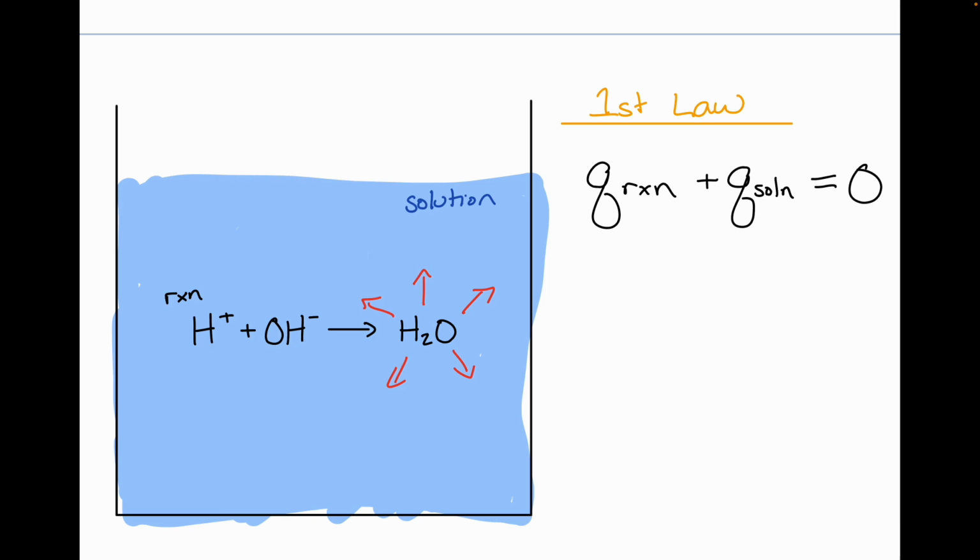All right, that's what my first law of thermodynamics says. Any amount of heat that is lost due to that chemical reaction doesn't just disappear into thin air, it's going to be absorbed by those surrounding water molecules. And when those surrounding water molecules absorb that heat, their temperature is going to go up. All right? Cool.